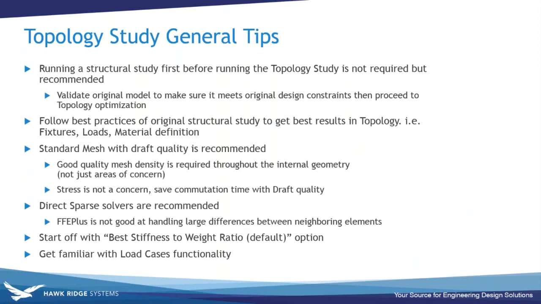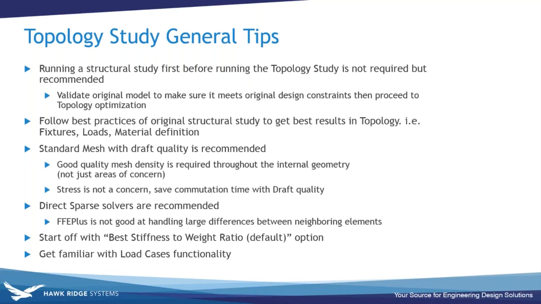And now I want to end this presentation with some general tips that you should take into consideration when running a topology study. Although it's not required, I still recommend running a structural study before running the topology study. Main reason is, again, it doesn't make sense for me to optimize a shape if the original shape is already failing your potential design criteria.